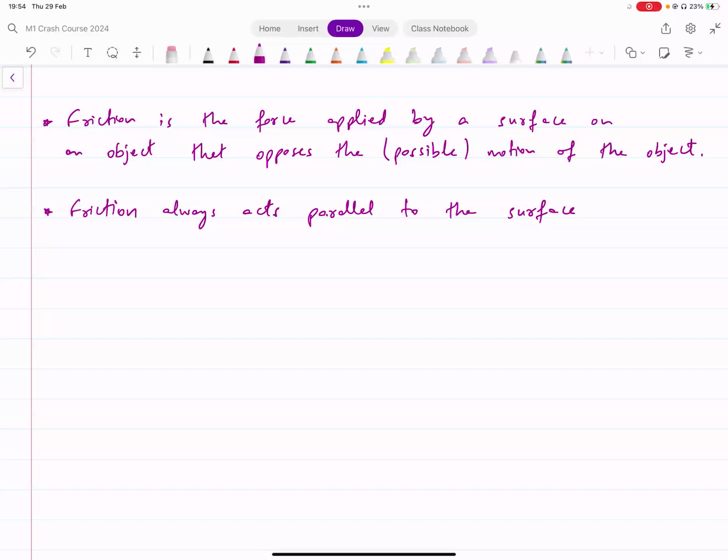So remember, there was another force applied by a surface on an object as well. That was called the reaction force. That was also a force that a surface was applying on the object, but that was acting perpendicular to the surface. So there are two types of forces that a surface applies on an object. One is normal reaction that acts perpendicular, and the other is friction that acts parallel to the surface.